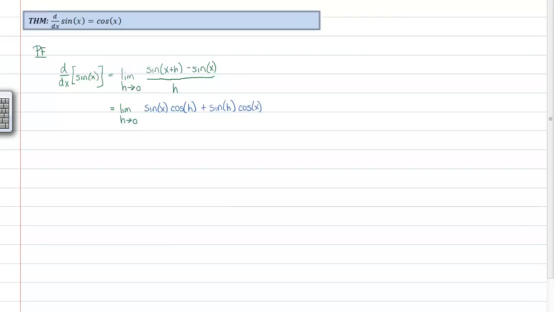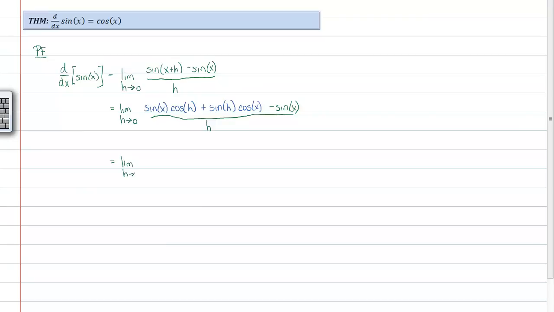And of course, from that we still have minus sine of x, and this is all over still h. Now that identity in blue right there you should know from trigonometry. What I'm going to do is rearrange that numerator so that I get stuff with sine x's next to each other.